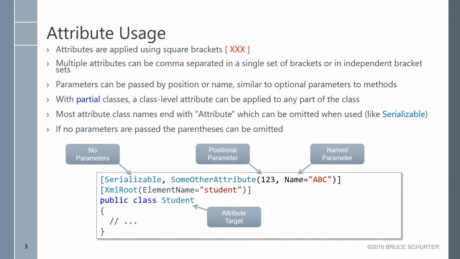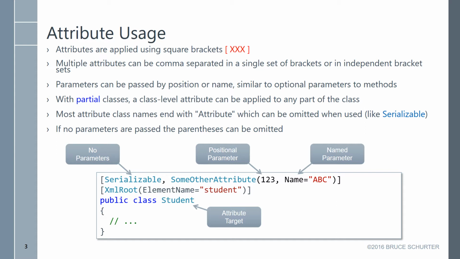Most attribute class names end with the word Attribute, which can be omitted when used. Serializable, for instance, is actually known as SerializableAttribute when you look at the class definition, or Flags is actually FlagsAttribute. But when you use them, you can leave off the word Attribute and it'll automatically find it. So it's just a nice convenience built into the compiler.